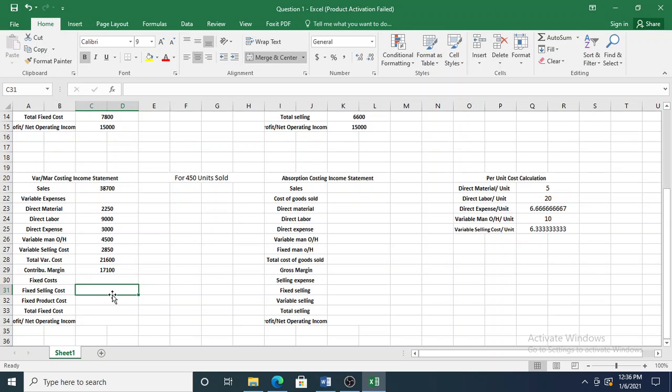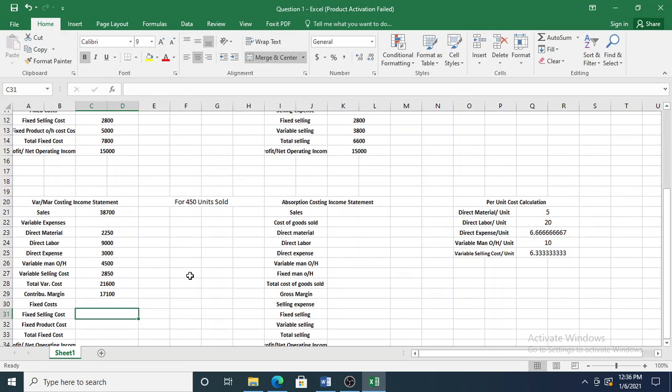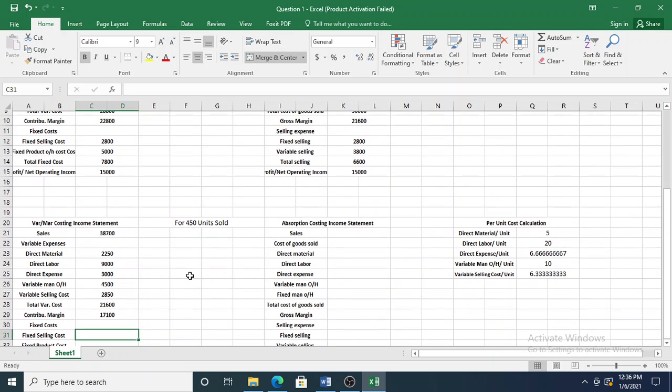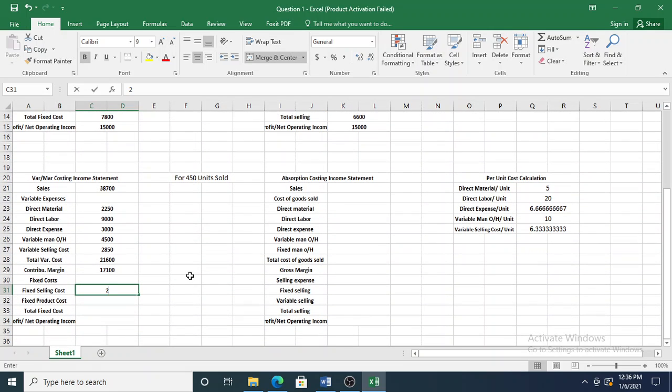So fixed selling cost in our case is 2,800. The fixed manufacturing overhead cost is going to be $5,000.